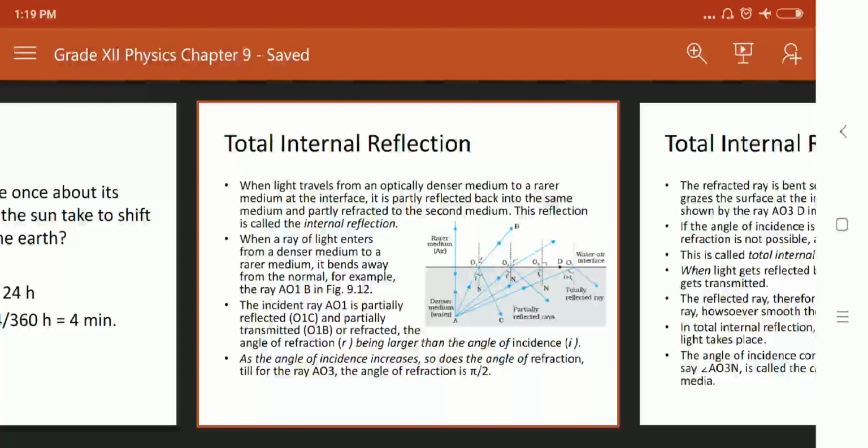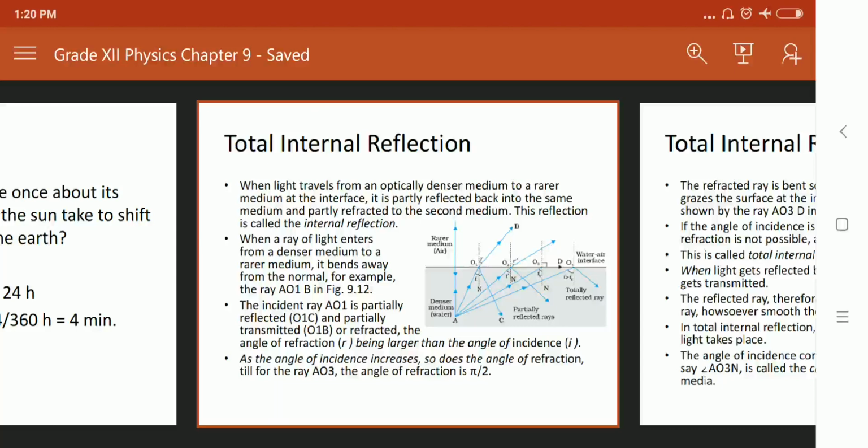Here, when the light travels from an optically denser medium to a rarer medium, at the interface it is partly reflected back into the same medium and partly refracted into the second medium.